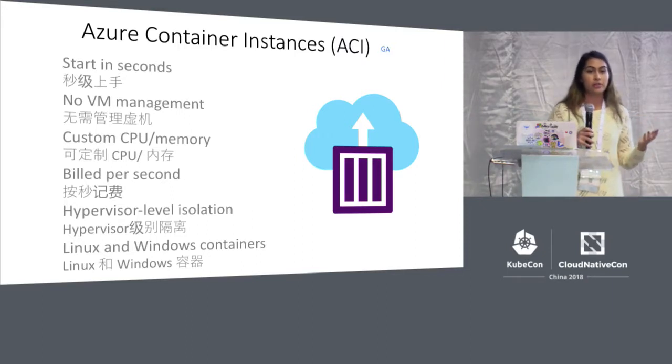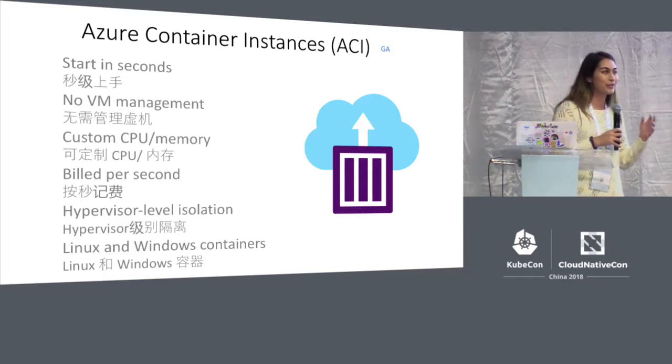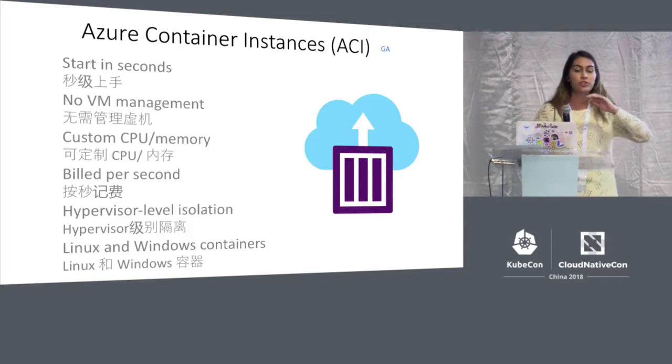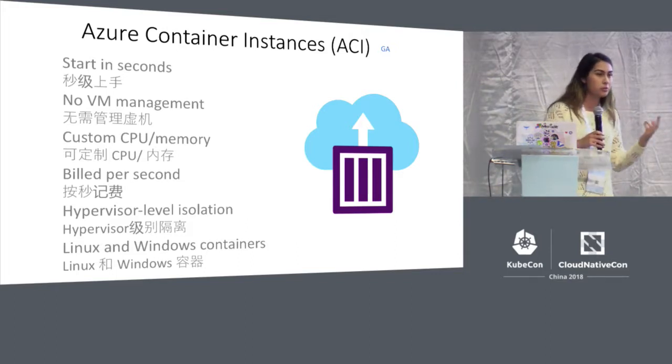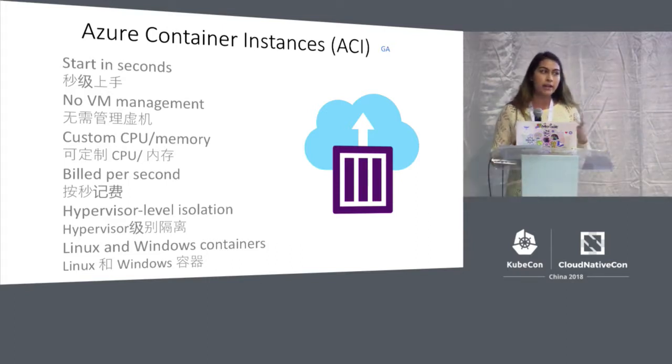There's also other services that Alibaba has, that Amazon has, that are competitors and also friendly partners of ours. So it starts in seconds. There's no VM infrastructure that you have to manage. So this is a new thing. You just give it any kind of image, give it the amount of resources you need, CPU and memory, like always, and then it will start up for you, depending on your image size.